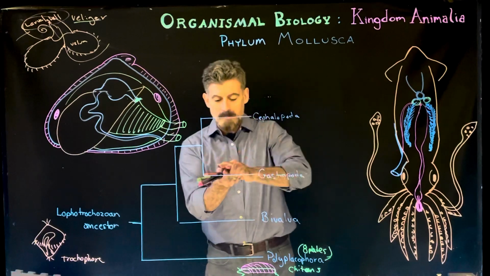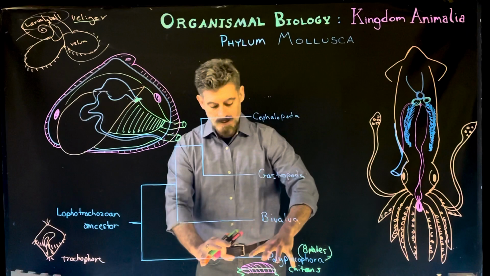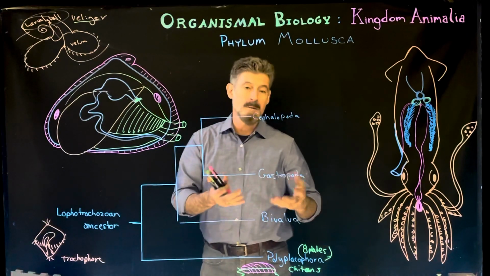They can also suck down to a rock surface using these plates to grab onto that hard surface, and so there's no soft tissue exposed and they protect themselves.